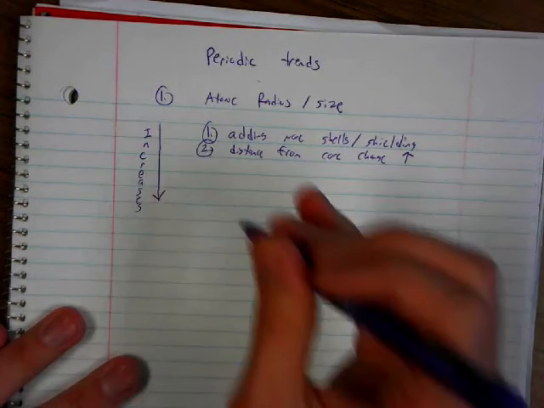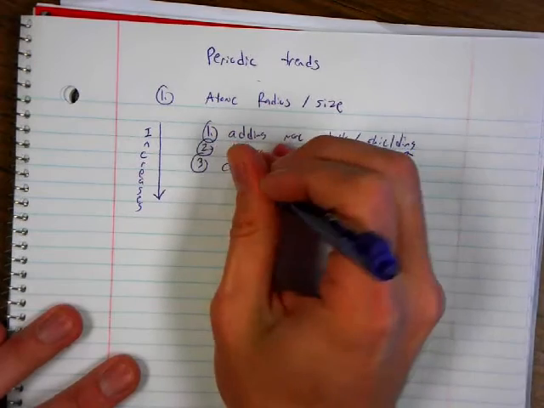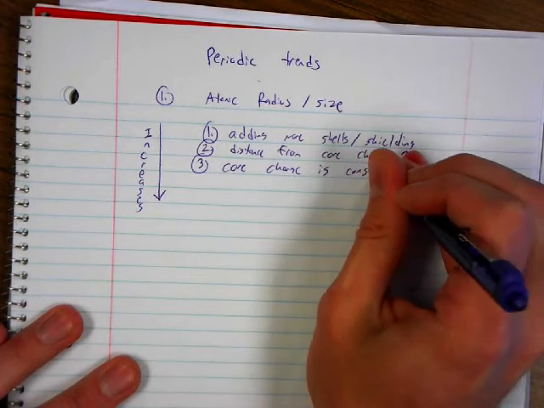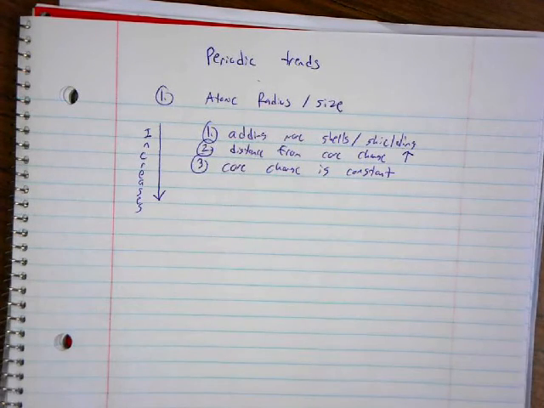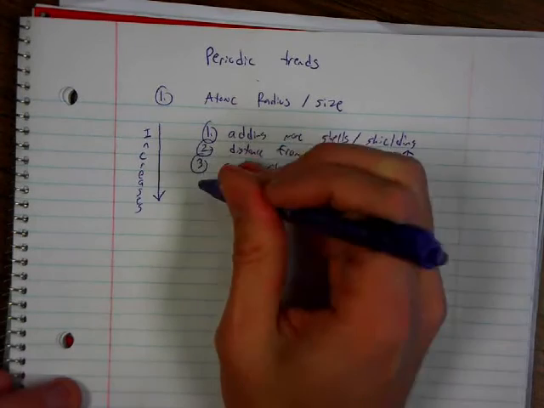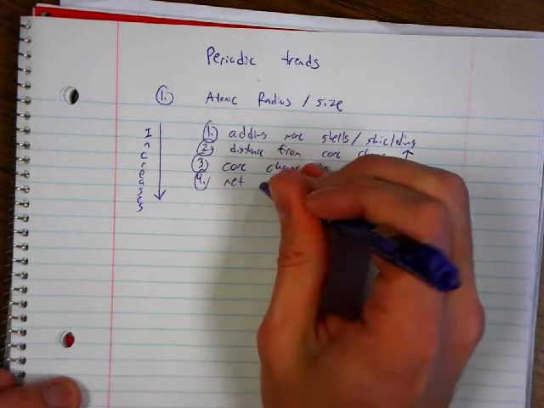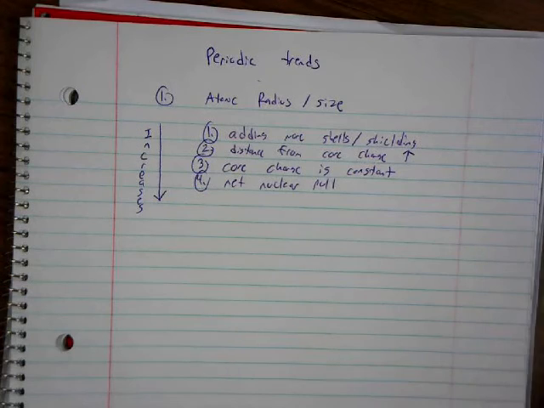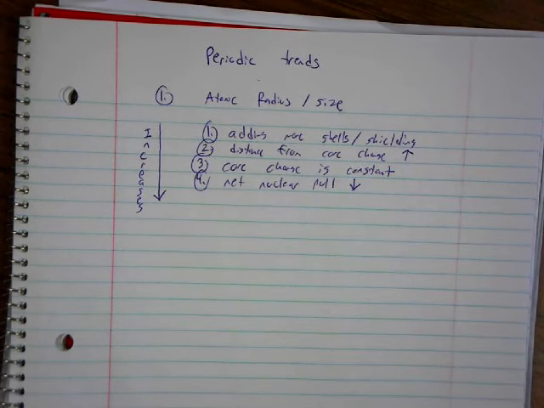While at the same time, my core charge is constant, which means my net nuclear pull as I go down the group is decreasing. And that is why atomic radius, as I move down a group, gets larger.